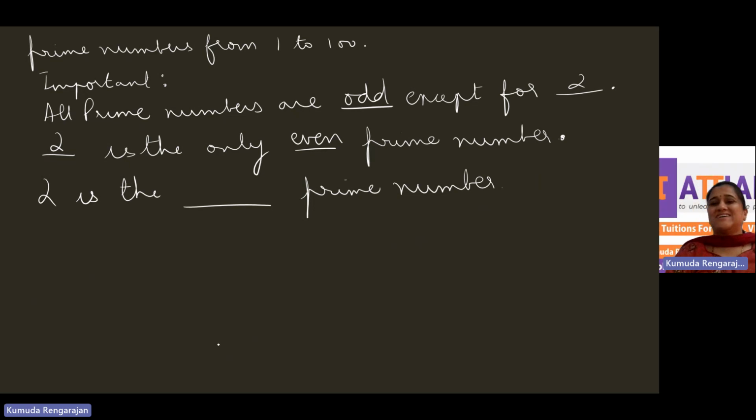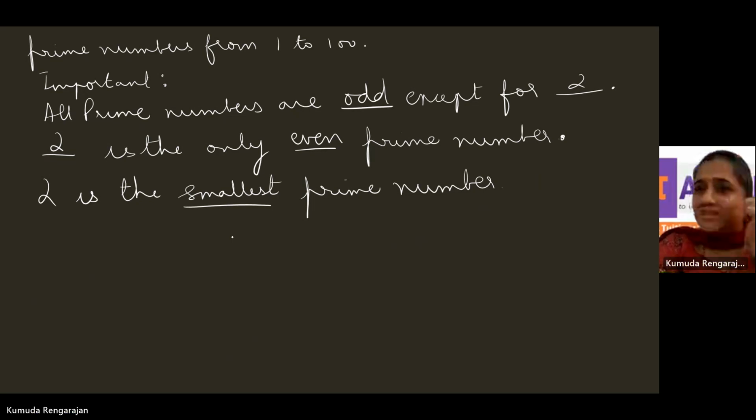Which is the smallest prime number? 2. Which is the only even prime number? 2. 2 is the only even prime number, and 2 is also the smallest prime number.